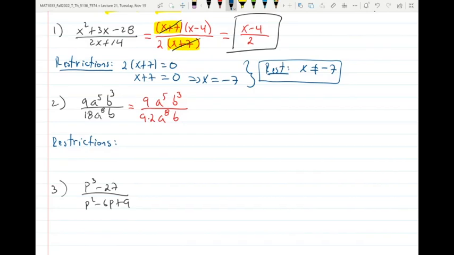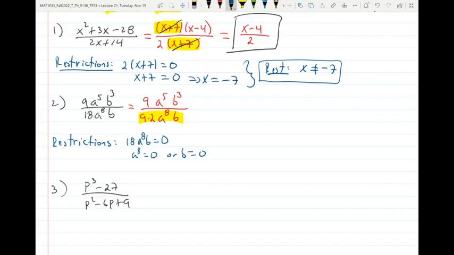So for restrictions, you have to look at the denominator. What would make this equal to 0? Just use the 0 product rule. This is very straightforward. So you have, I'm gonna write 18, so you have this equals 0, right? 0 product rule. The 18 doesn't matter because that's not 0, so that means either this factor is 0 or this one is 0. Yes?